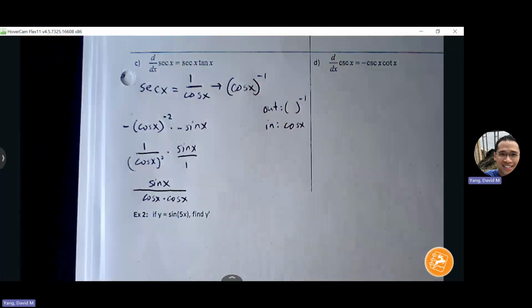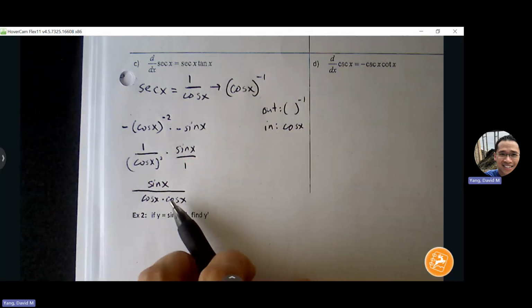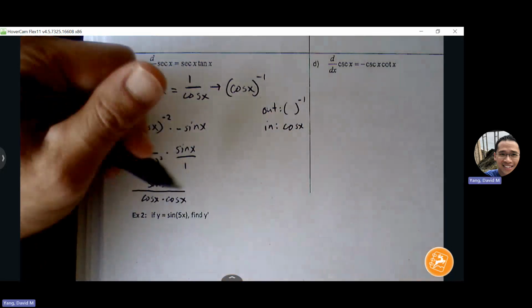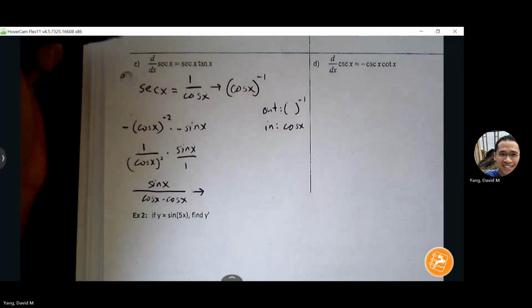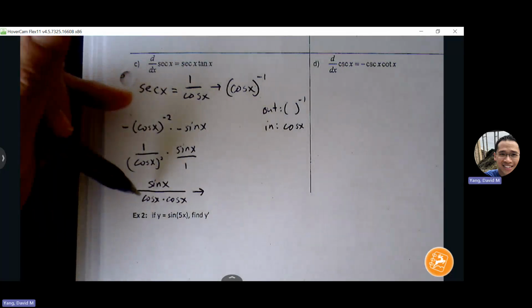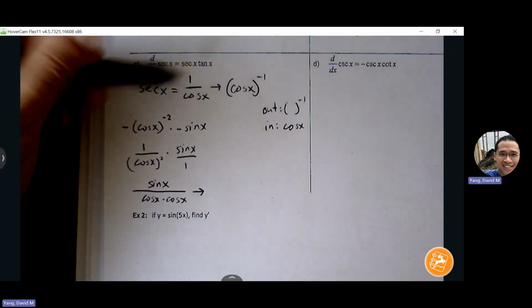I split that cosine squared x into cosine x, cosine x. We're trying to target secant tangent. Do you see a path for us to get from here to here? What do you see? Maybe we can just rearrange it and then do you see something that's equal to tangent in here?